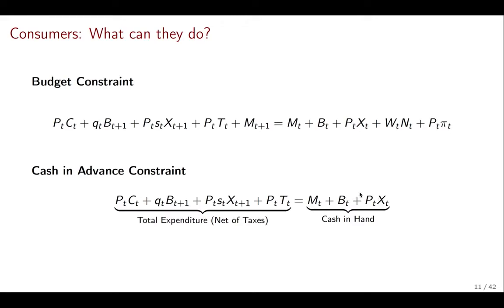So these are perfectly liquid assets, and so that's why they sum to cash in hand. So to recap, the cash in advance constraint says that in order for you to finance your expenditure, you need to have cash or payments of liquid assets that come from the previous period. Because it's only until the end of the period that you're going to have the payments from your wages. Okay?